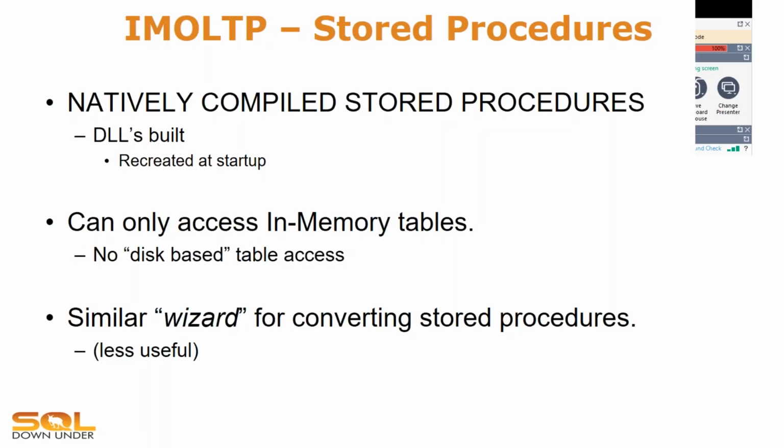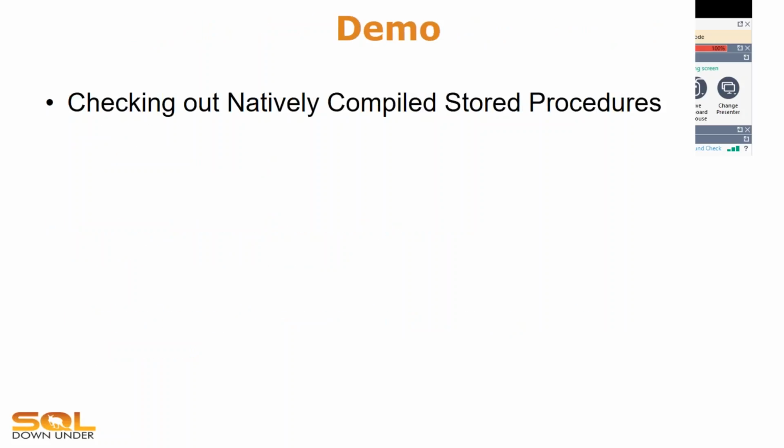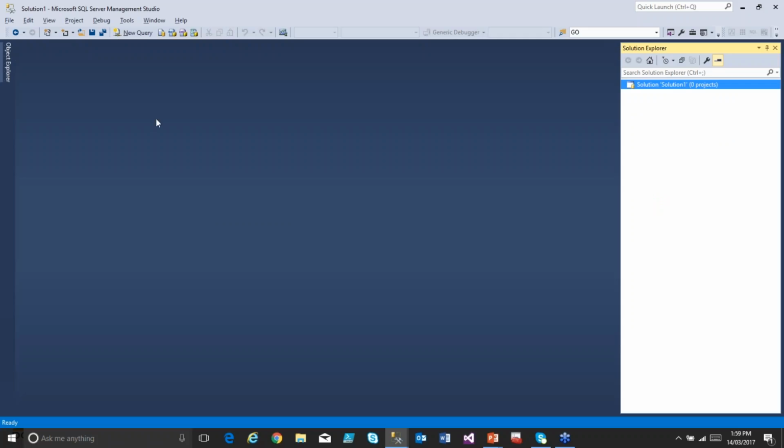And there's a similar wizard for converting your stored procedures to natively compiled objects, but I actually find that it's a lot less useful than the table optimization wizard. And if you do choose to convert your stored procedures, you probably would want to do this manually to check the consistency of your results. So let's dive in and have a look at a natively compiled stored procedure.